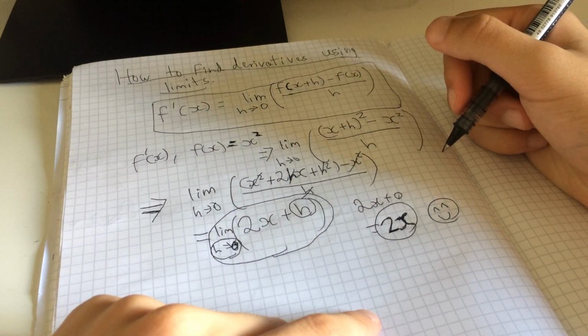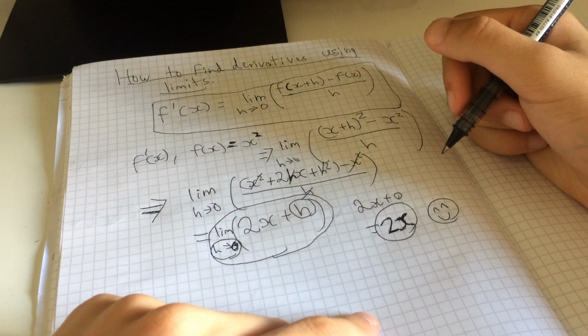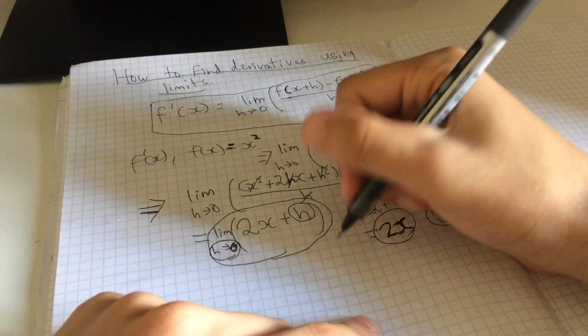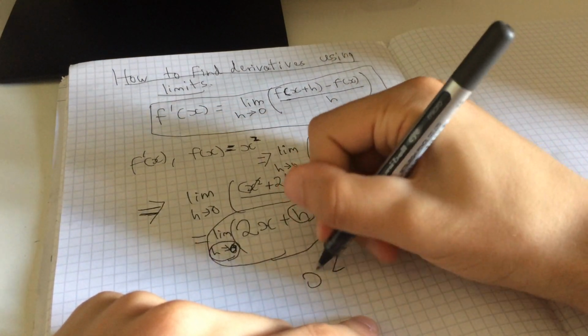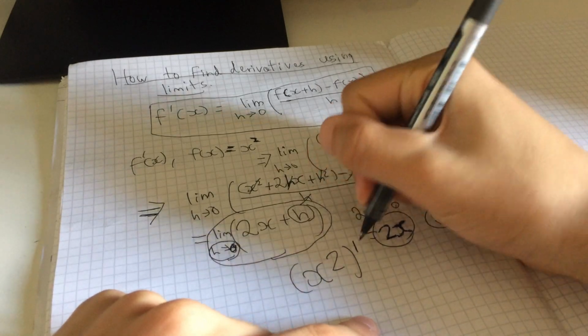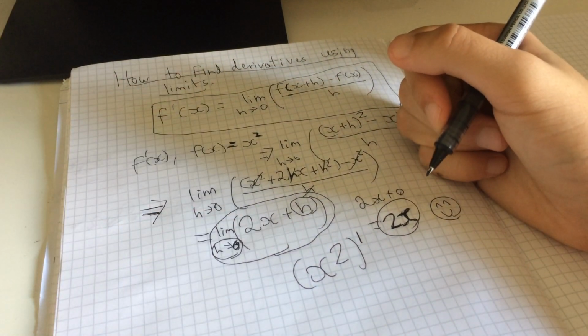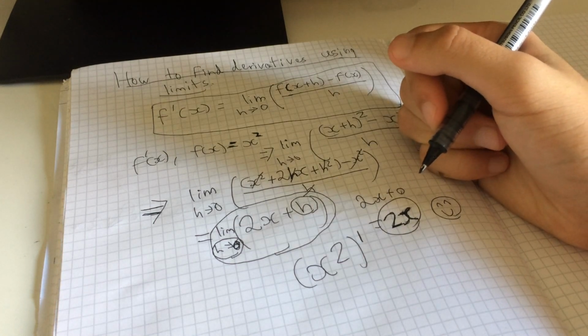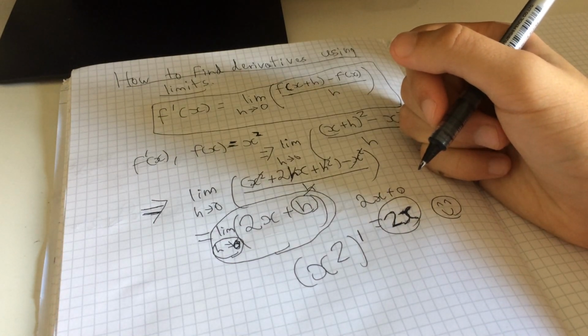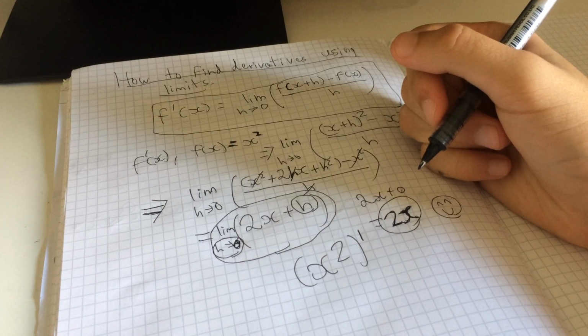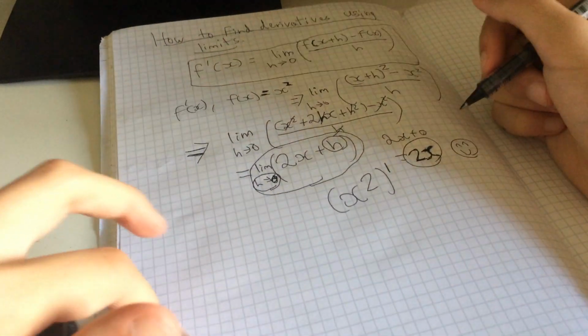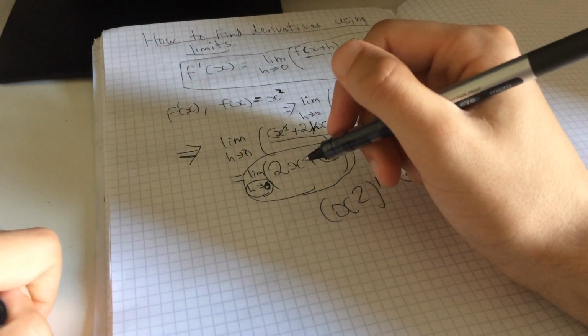But now let's think of a more generalized form, because we know that the derivative of x squared is 2x, but this is far from being a generalized form, right? This is just a quick example. So how do we find a generalized form?